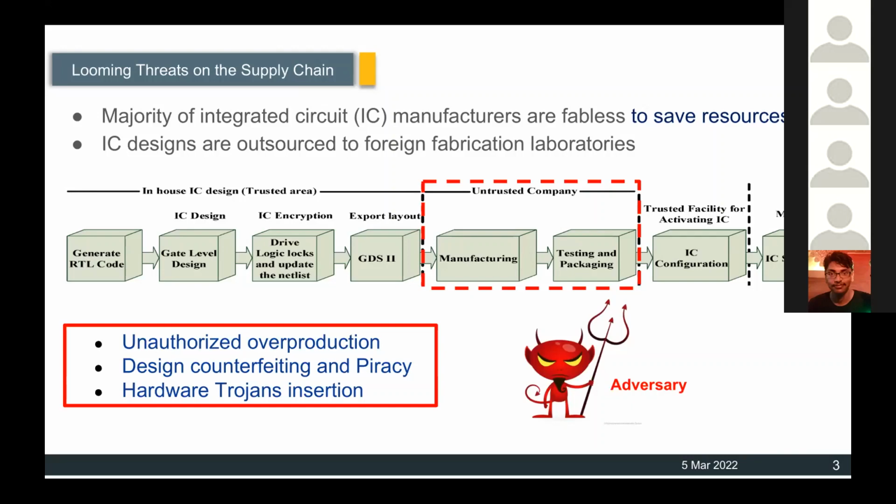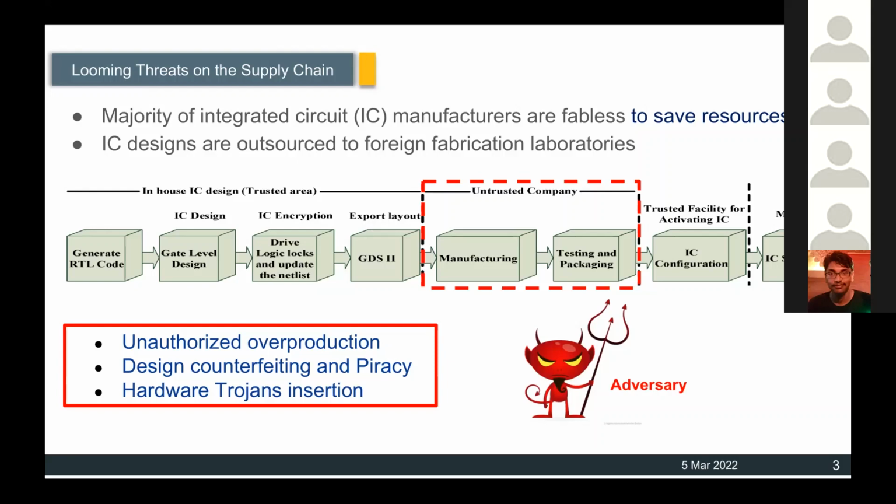Therefore, this raises concerns about unauthorized overproduction, design counterfeiting and piracy, and of course hardware Trojan insertions. All these raise several alarms and a lack of trust in the hardware that we procure and utilize for critical applications.